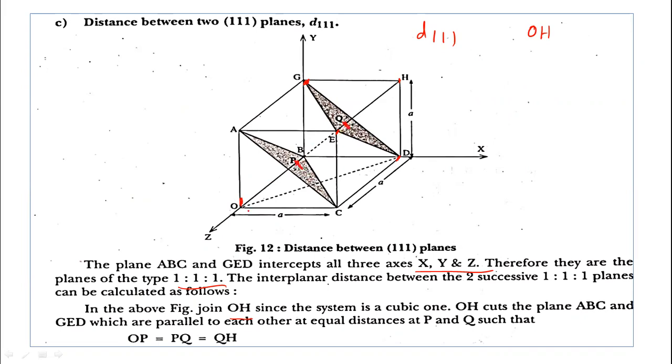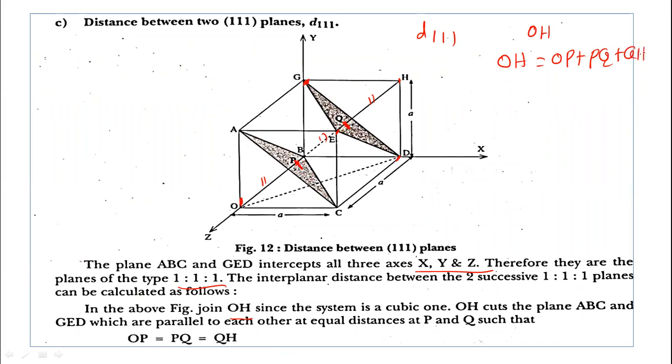Equal distances here means that the distances OP, PQ, and QH are the same. As we move from point O to point H, OP is equal to PQ, which is equal to QH. So OH is equal to OP plus PQ plus QH.